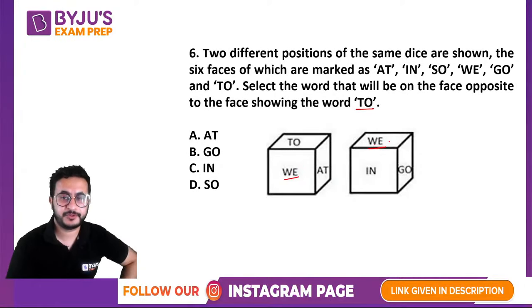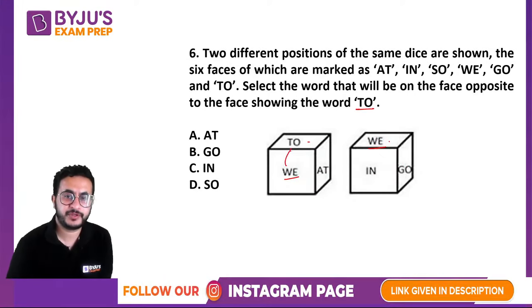If it is at the same position, like suppose V was at this position in this also, then these pairs are opposite. But when it is a different position, what we do is we go in a clockwise direction or anti-clockwise direction. So after V we have 2, and after V we have go.